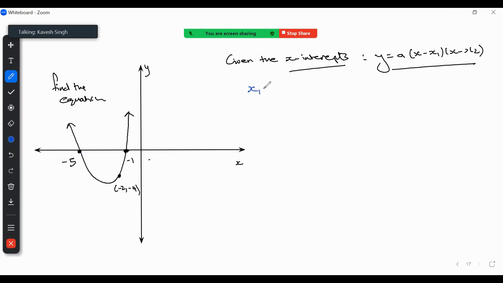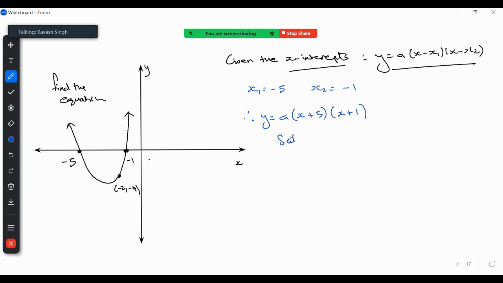Now I know x1 is equal to negative 5 and x2 is equal to negative 1. So y will equal a times x plus 5, and x plus 1.